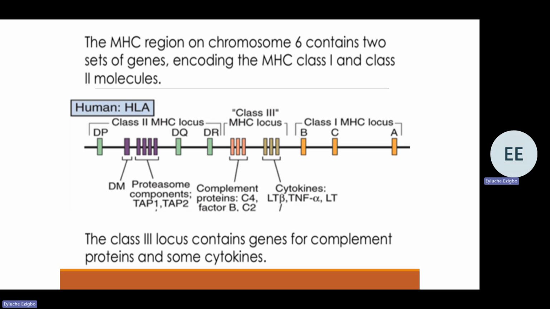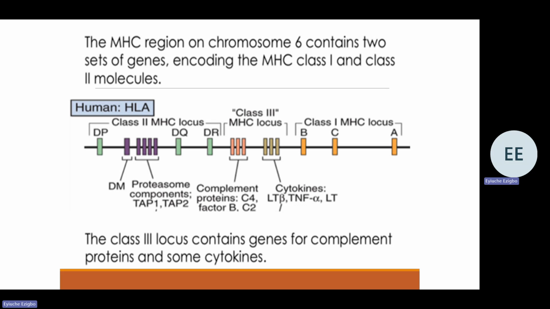The genes that make up the MHC class 2 are DP, DQ, DR. For our class 3 MHC locus, you find complement proteins C4, factor B, C2, and also the cytokines TNF alpha, LTA, LTB.